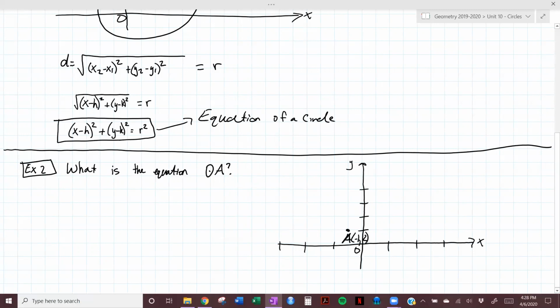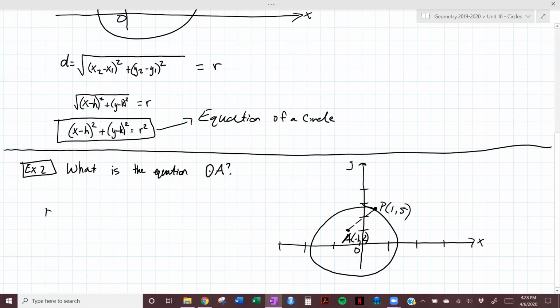It's got a point at 1, 5, which is right here, and then the circle goes something like this. We need to figure out the radius first. This is point P, and it's 1, 5.